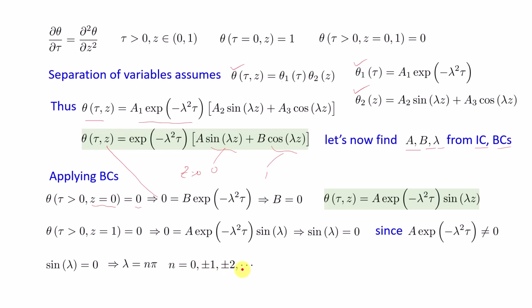For each of these solutions, sine lambda will be 0. So this is a problem now. We can write this as n square pi square or n pi z, but it doesn't solve our problem because we have so many solutions. Every n gives us a solution of this equation. Each of these n, 0 to infinity, will give us a solution.